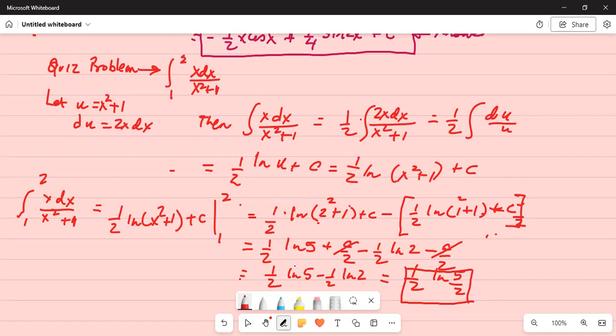Then the limits of integration are from 1 to 2. First I put the upper limit, half ln 2 squared plus 1 plus c. This c should be divided by 2 because half is distributed. So it becomes half ln 5 plus c by 2 minus half ln 2 minus c over 2, because when the minus gets distributed to plus, it becomes a minus. So c by 2 cancels out. We're left with half ln 5 minus half ln 2, which is half ln 5 by 2.